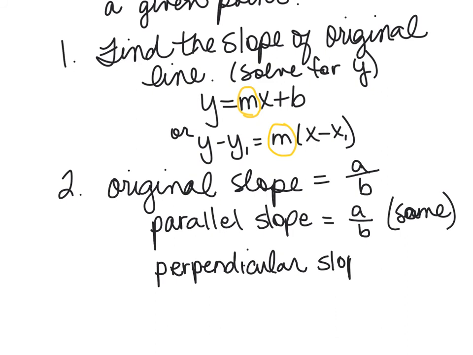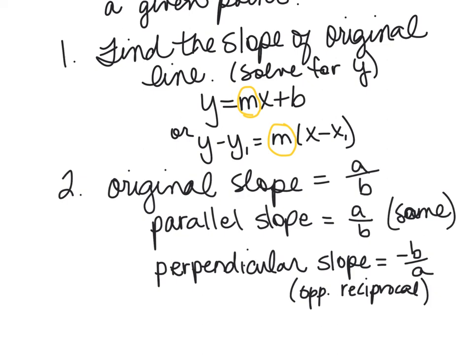The slope of a perpendicular line would be negative if this is positive, and then we would flip the fraction over. So it would be negative B over A, which is the opposite reciprocal. So opposite meaning positive and negative, and then reciprocal is when you flip your fraction over.